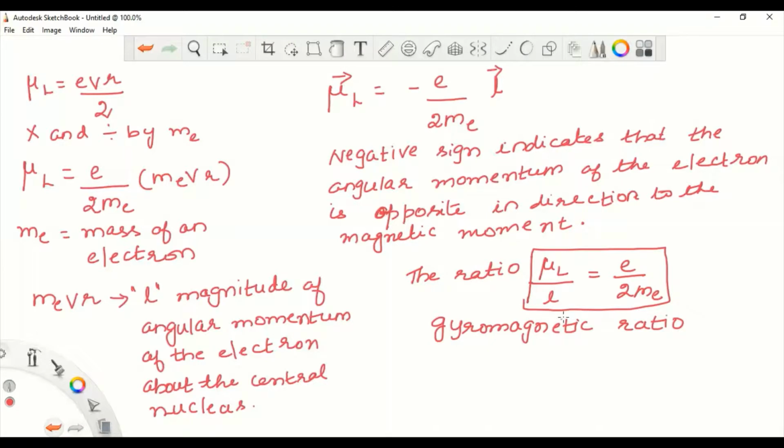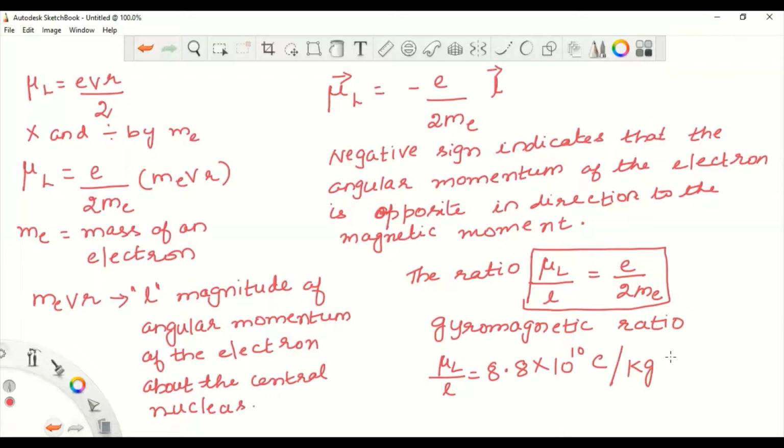So you will get the gyromagnetic ratio, mu L by L, equal to 8.8 into 10 power 10 coulomb per kilogram. This is very important, children. This is for an electron.